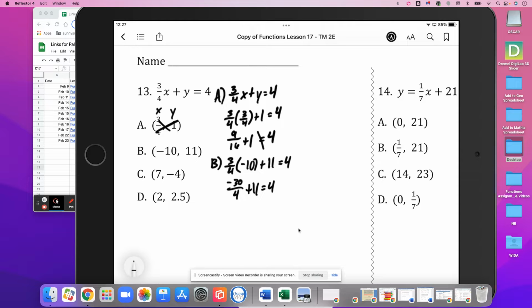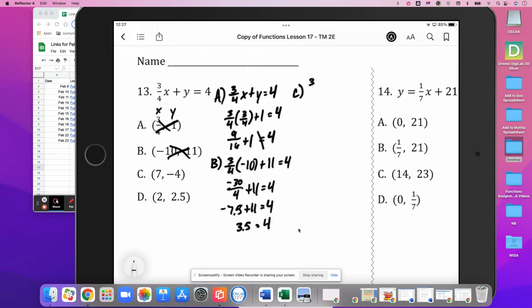I can tell you that that's not going to be true, but we'll finish it up anyway. -30/4 is going to be -7.5 plus 11 is equal to 4. That's actually going to be positive 3.5. It's close, but it doesn't work. So nope. B does not satisfy the function.